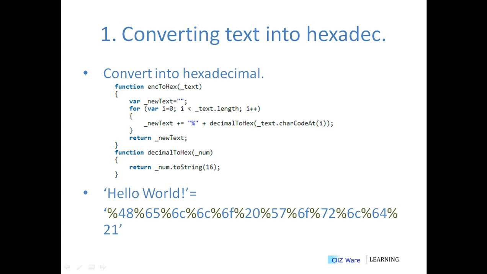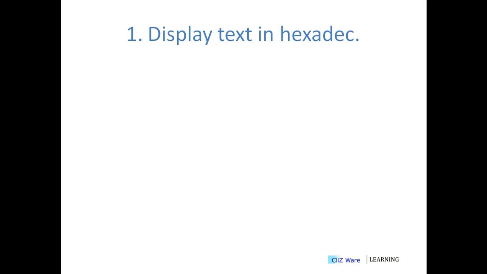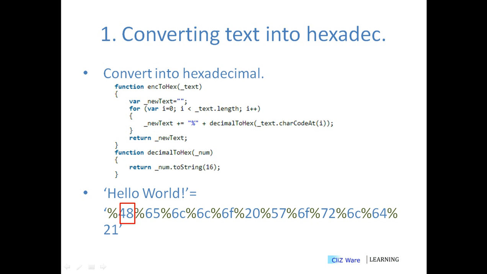But the second difference is also that you can't actually display this on the screen without executing another function. That's why it's called JavaScript based encryption, because in comparison to the HTML code that we had, where you just type it into the browser and you don't need to execute any function at all, and it will display it, this time we need to execute a function. And by the way, as you saw, I have the percentage signs.